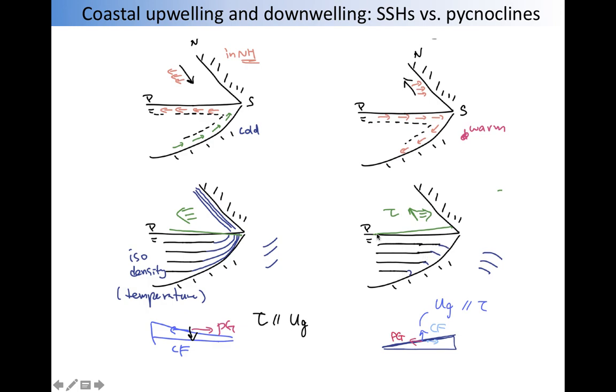And for the sea surface height, water will be piled up, even though there is mass conservation, but relatively warm water will be piled up. So sea level is relatively higher at the shore compared to the offshore.